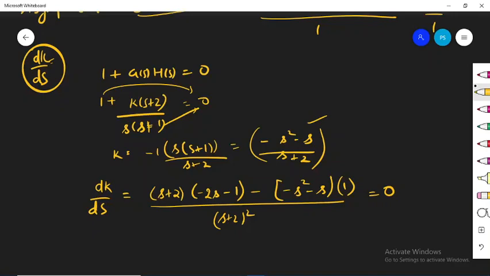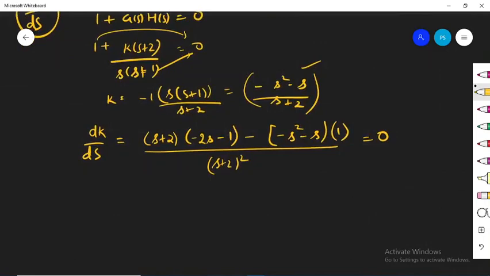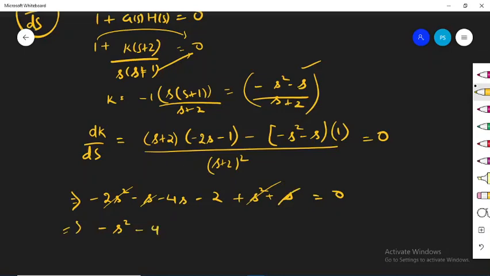Now if you solve this, you can quickly solve this one. So it will become minus 2s square minus s minus 4s minus 2 plus s square plus s equal to 0. Or you can write this as minus s square minus 4s minus 2 equal to 0.